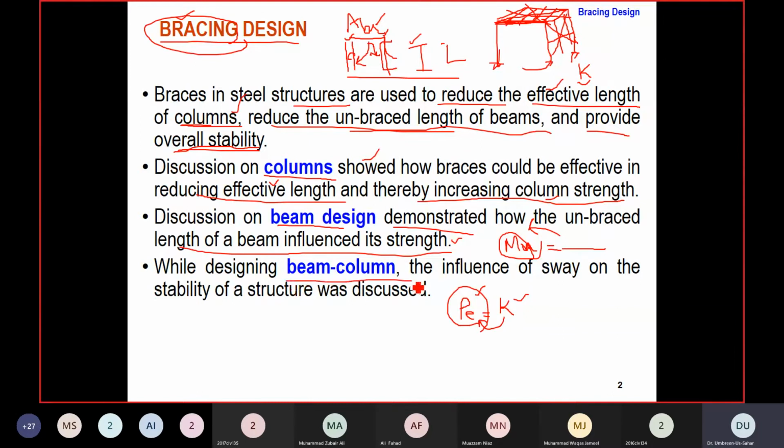While designing the beam columns that you have done now, you also saw the moment capacity by considering your beam column as a beam, and the effective length factor by considering your beam column as a column. Once you were calculating the moment magnification factors and other things, PE was involved there.